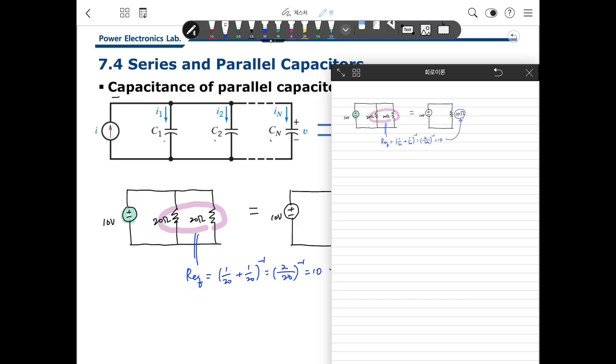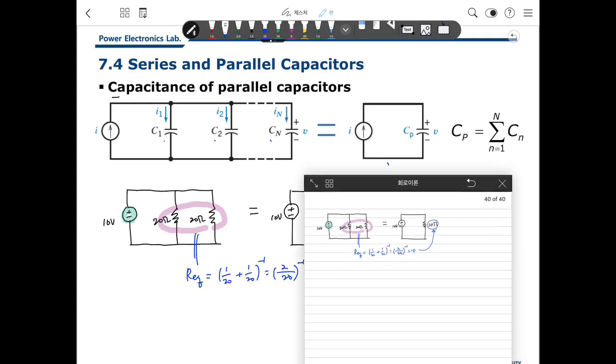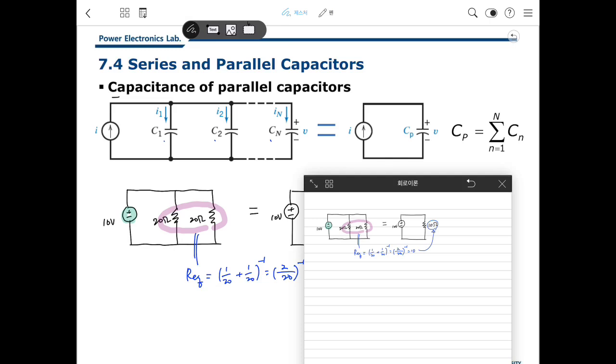We will discuss this when we have the parallel connected capacitors.